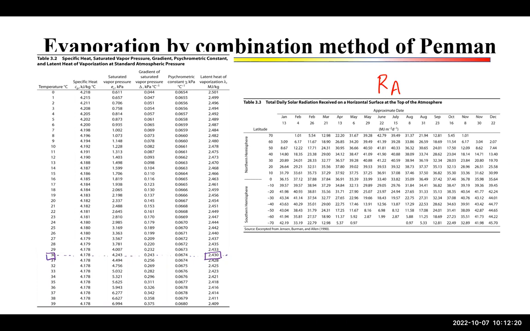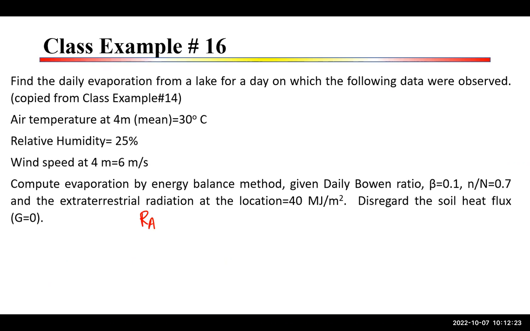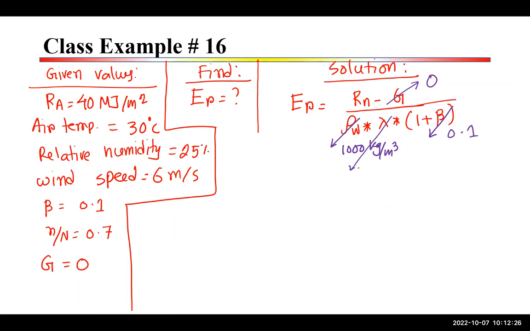So I will write down 2.43 megajoule per kg from table 3.2. Now the only thing we don't know is Rn, so that's what we need to find out. What will be the Rn? I will go to the next page to do the Rn because I will need space.